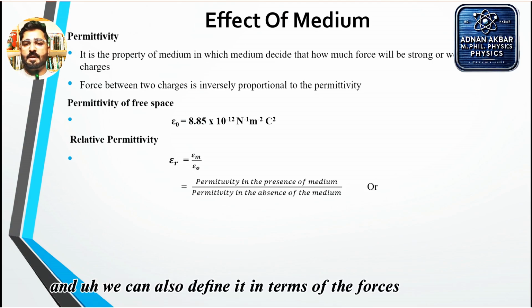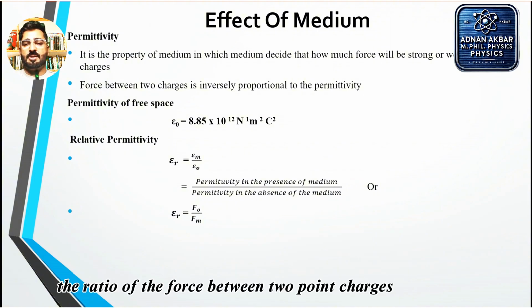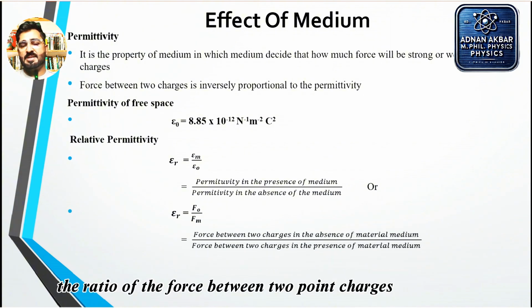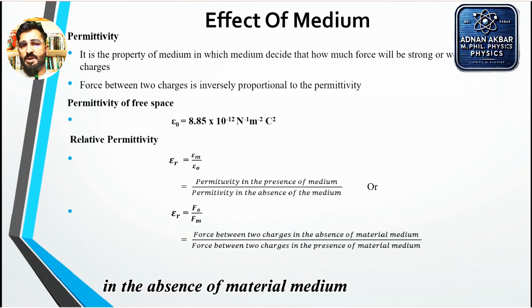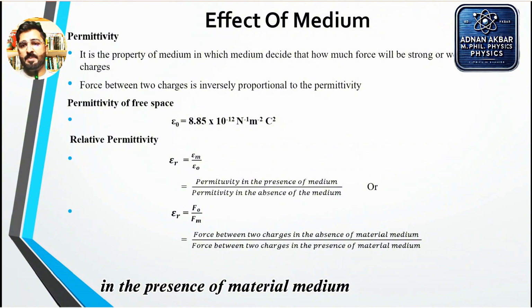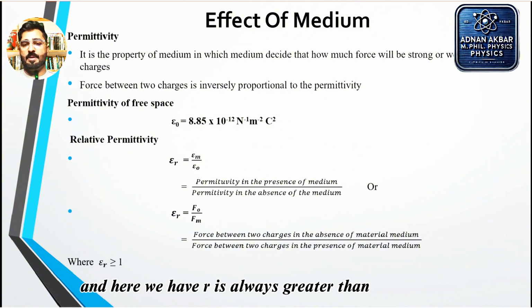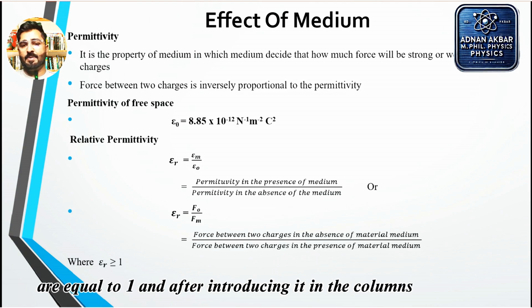We can also define it in terms of the forces. It is the ratio of the force between 2 point charges in the absence of material medium to the force between 2 point charges in the presence of material medium. And here epsilon r is always greater than or equal to 1.